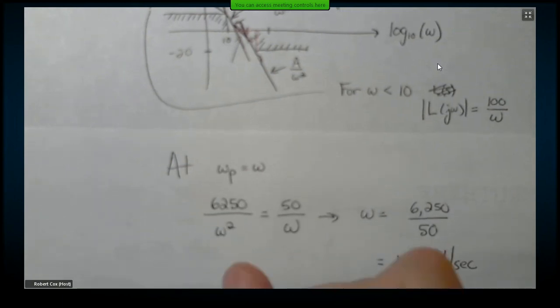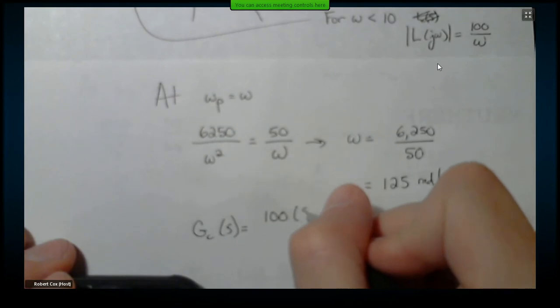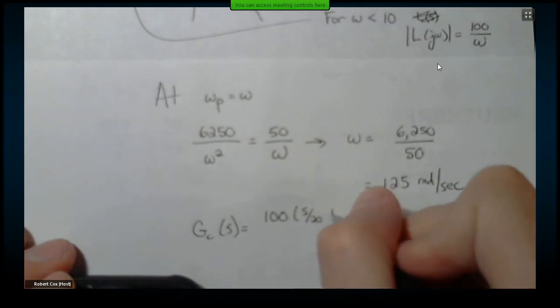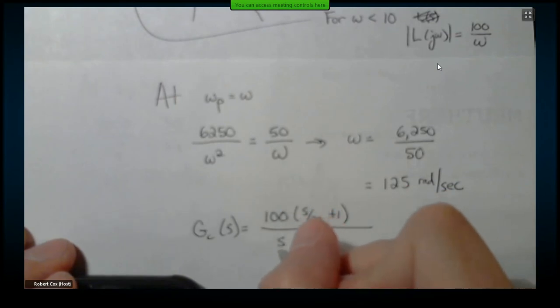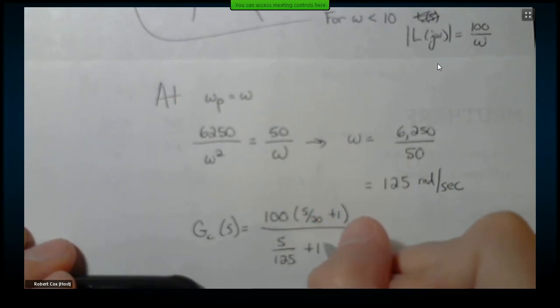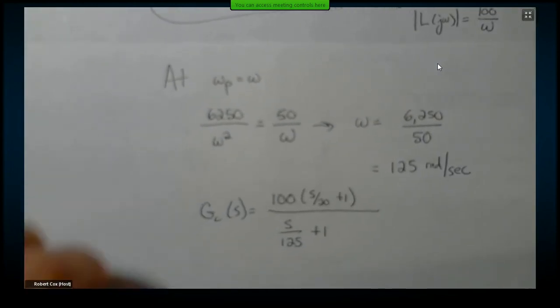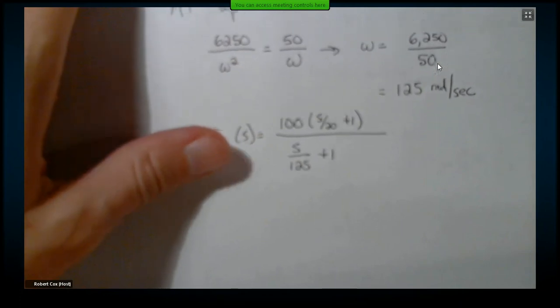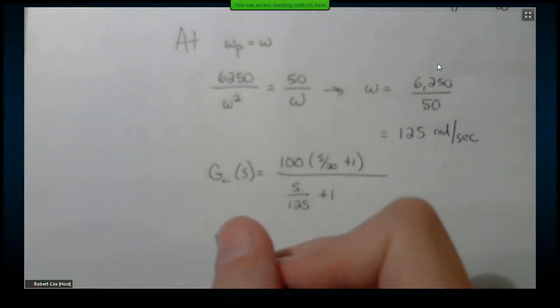Okay, so at that point, my GC of S should be decided. I've got 100 times S over 20 plus 1 divided by S over 125 plus 1. Okay, so let's do a check here. Let's plot that whole magnitude.